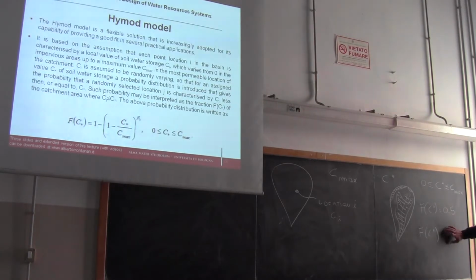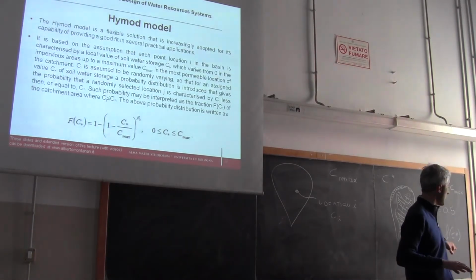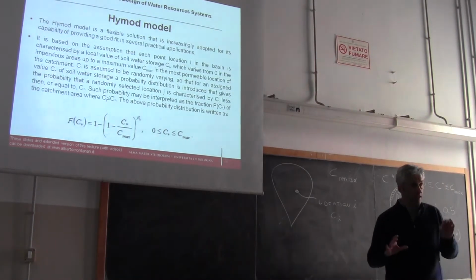This value was just a guess. I need an analytical function, f of C star, expressed in the form of an analytical relationship. Look at the difference between the capital F, which means a well-defined form, and the lowercase f, which is a generic analytical relationship. I need to give a shape to lowercase f.